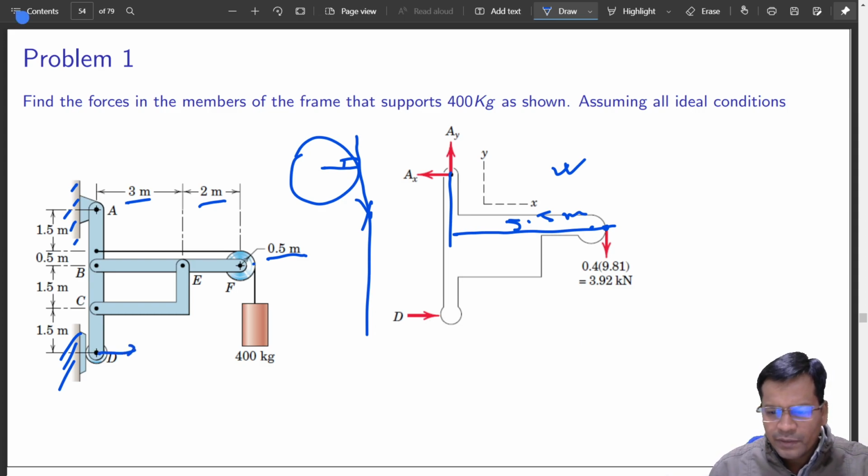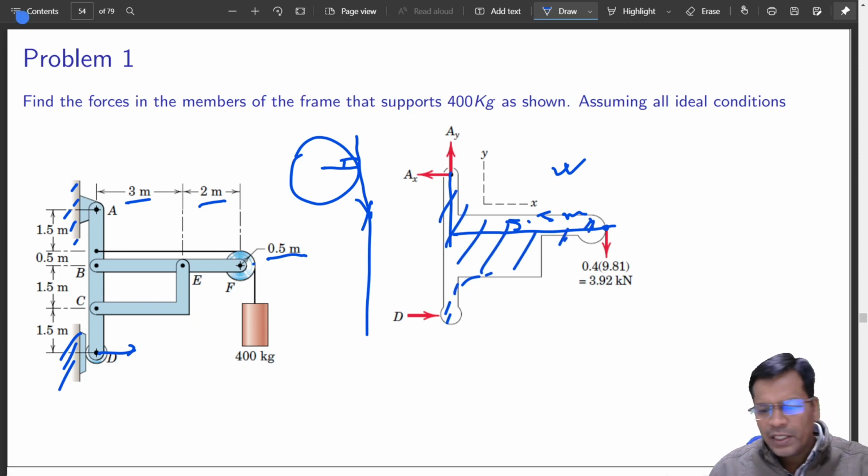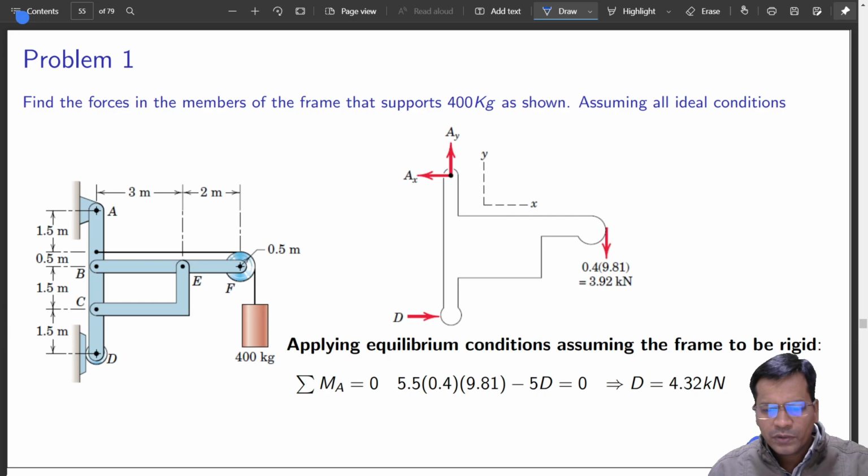Now I'll take the moment and force balance equations, considering this as a solid body. I will elaborate more so that you get things more clearly rather than doing more problems. I am taking moment about A. Why? Same reason: I want to see just one unknown force over here.